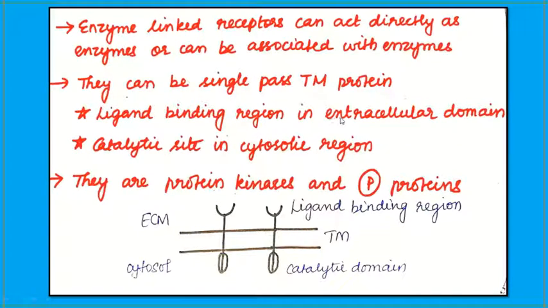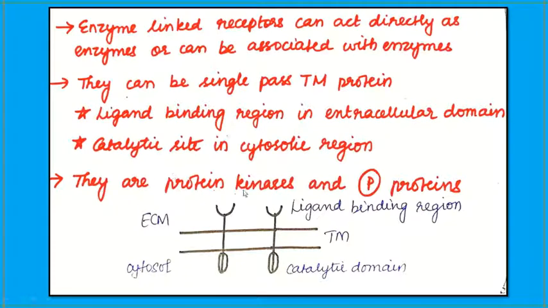The ligand binding region is the extracellular domain, where your ligand will come and bind. That's why it is called the ligand binding region. The catalytic site is the cytosolic region, in the cytoplasm, and the catalytic domain will have the enzymatic activity.